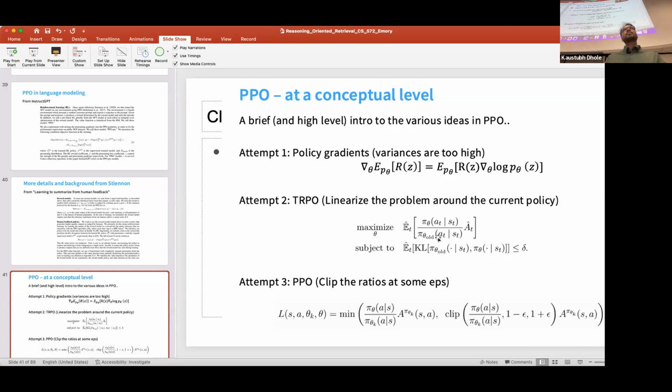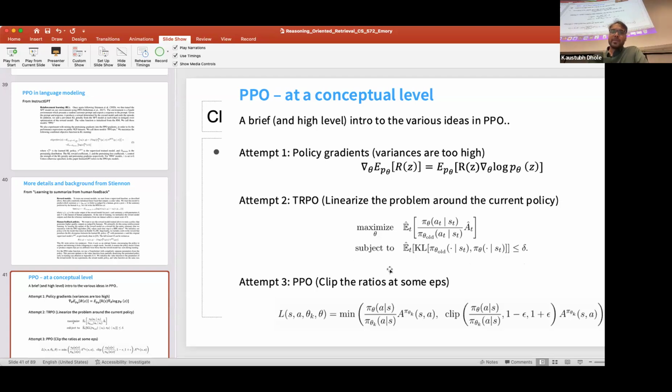Pi theta old is something which is a few epochs away. Then there is another term which keeps our old policy and our new policy under some limit on the KL divergence, so that it does not deviate a lot from the original policy.